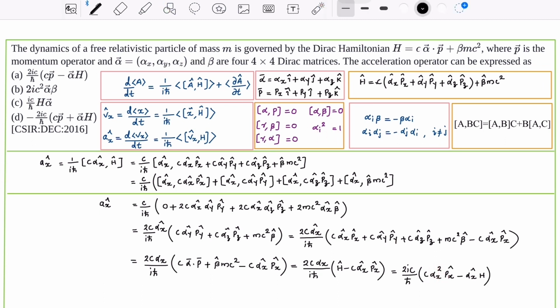Now we have alpha i square equal to 1, therefore alpha x square is also 1.